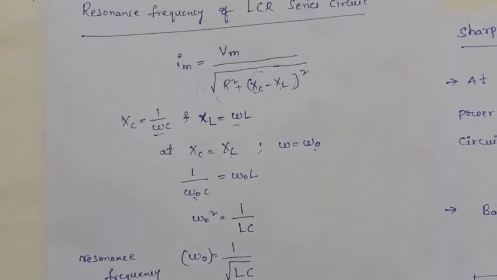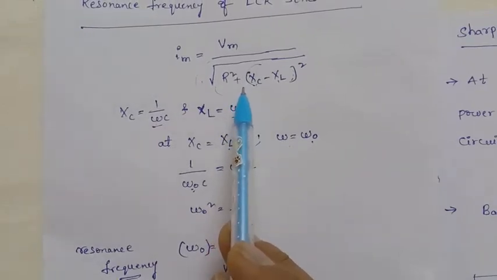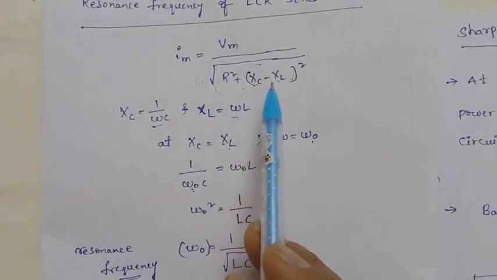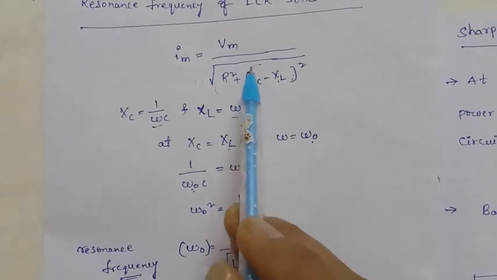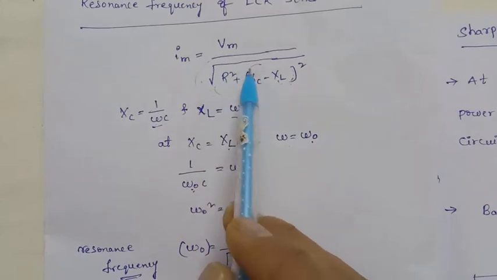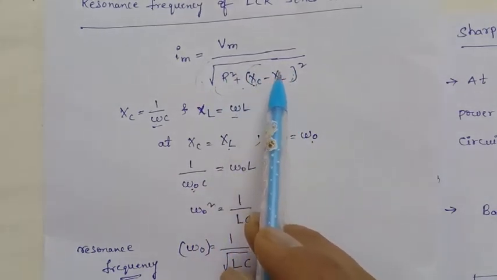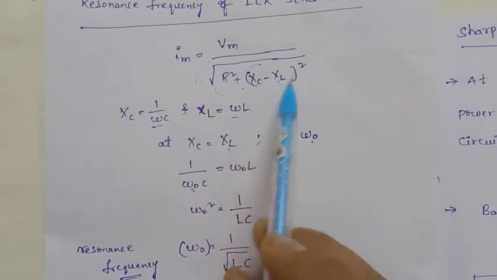Observe this total. The impedance is minimum at Xc equal to XL, because then this term goes to 0. If Xc is greater than XL, we get some resistance.